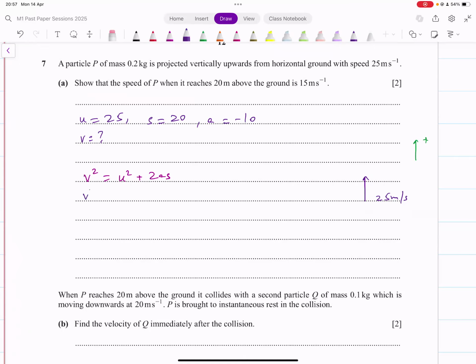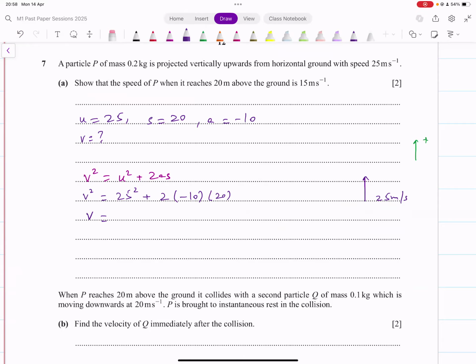And this gives V squared equals U squared plus 2AS, with 20 for displacement. 15, that's the velocity that you get.